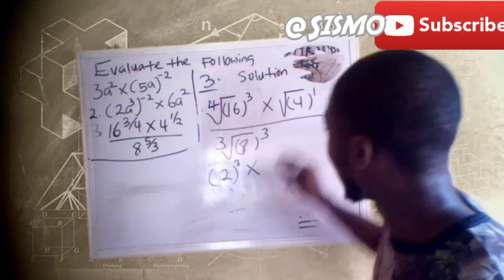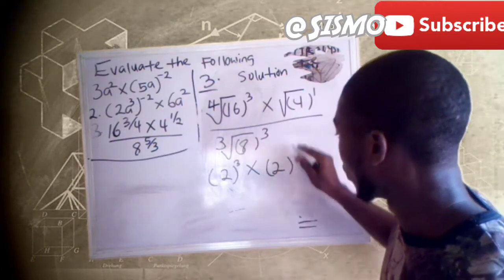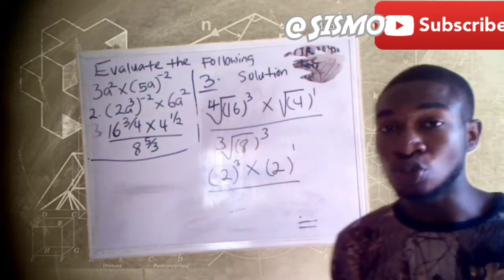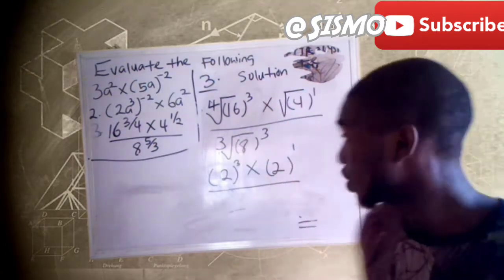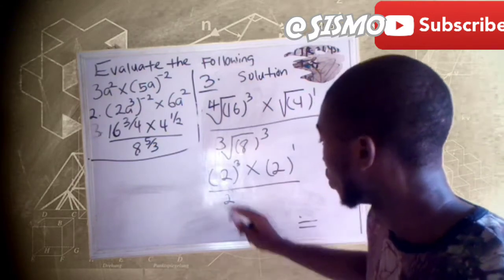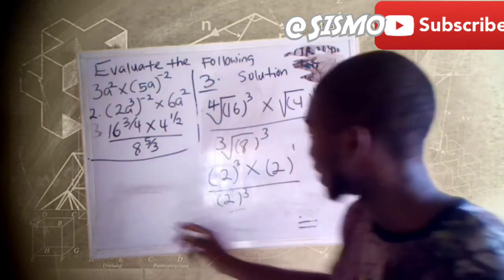Then multiply by the square root of 4, which is 2. So that means 2 to the power of 1. All over the cube root of 8, which is 2, because 2 raised to the power 3 is 8. So we now have our 2 here, all to the power of 3. So we can simplify further.